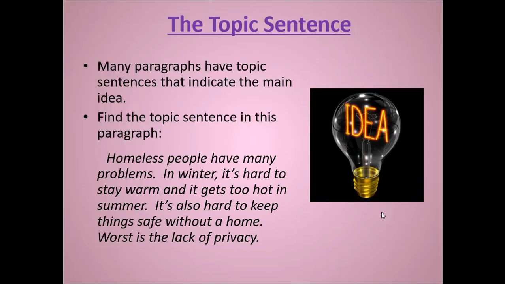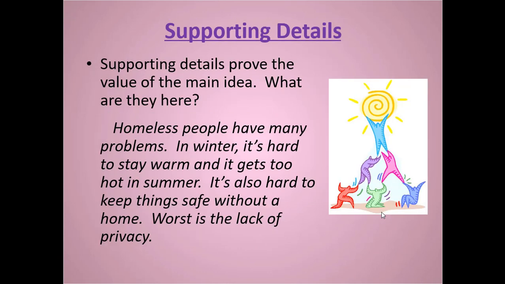All sentences starting from the second and the rest support the main idea, the topic sentence. So from "in winter it's hard to stay warm" until "worse is the lack of privacy," they are called supporting details. Their function is to explain and give more information about the topic sentence.